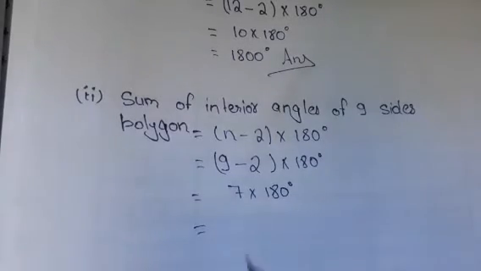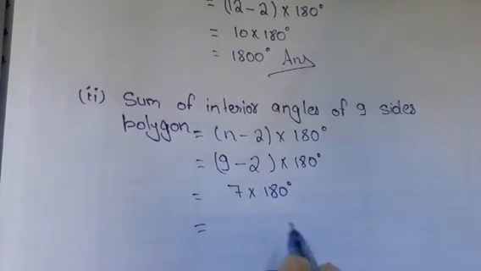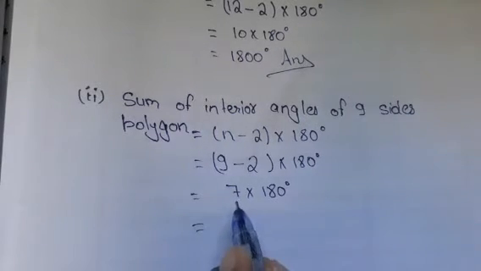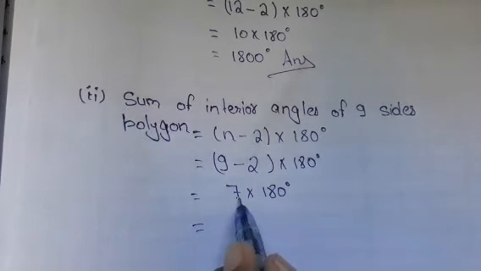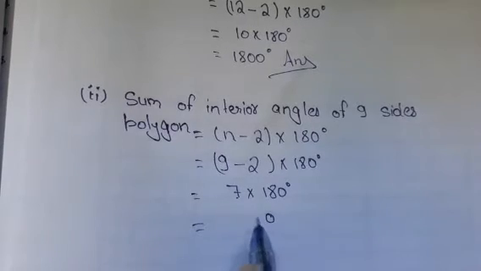I am giving you a short trick to multiply. Firstly, how do we do it? Firstly, multiply by the one digit 7. Each time we have to multiply by each number. Firstly, we multiply by 0, we write 0. Second, we multiply by 8 separately.